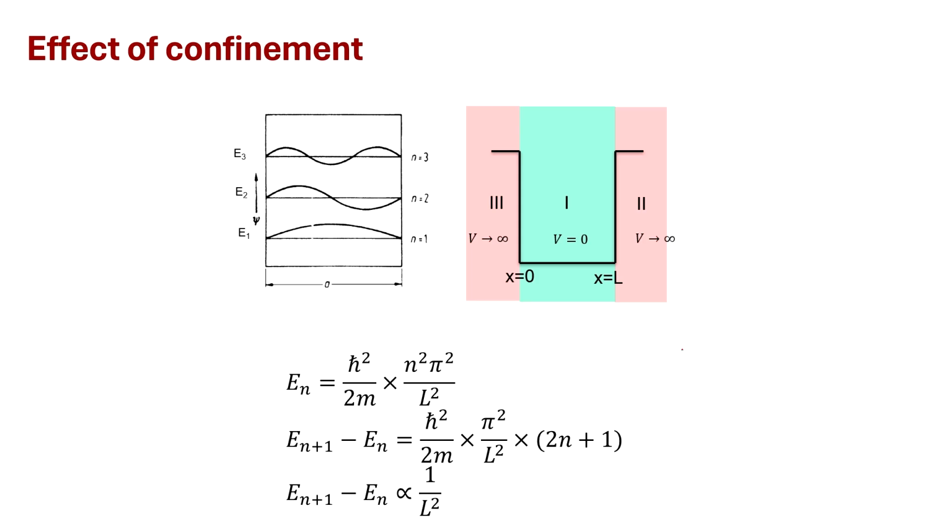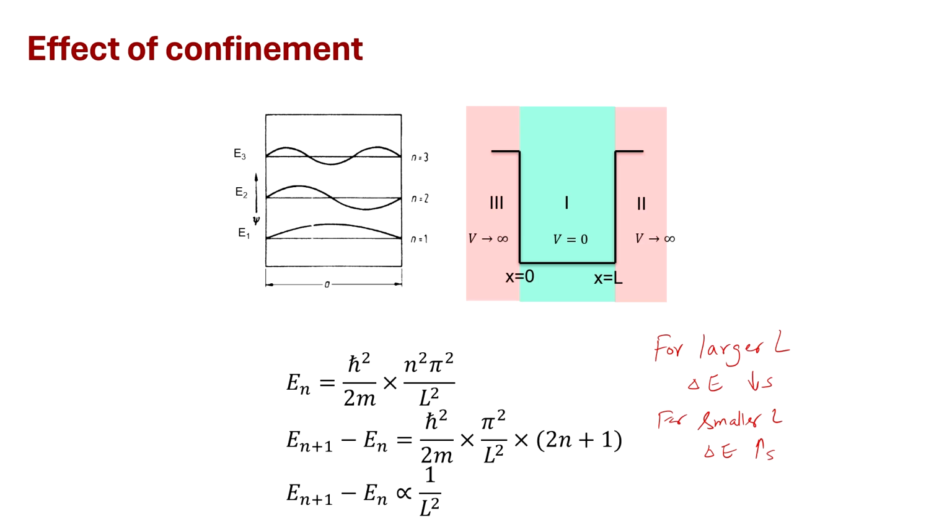So for larger L, delta E decreases, and for smaller L, delta E will increase, and this has a profound influence in terms of electron confinement in molecules.